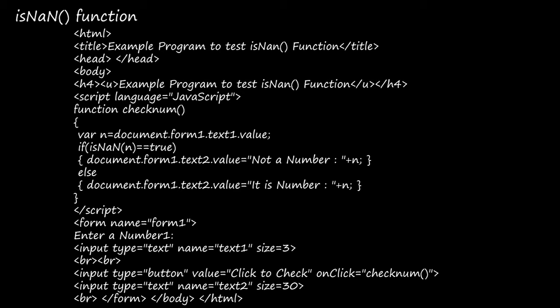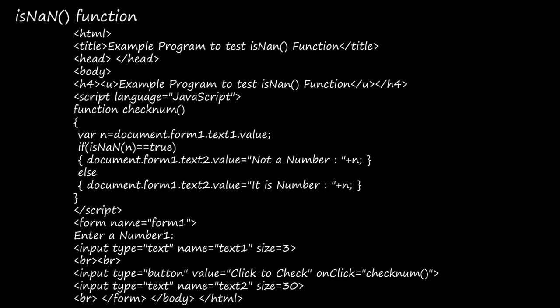So that also will be displayed, right? And in the else part, if you see, it is document.form1.text2.value it is number. So this it is number will be displayed in the output section along with the n value. Whatever value you are giving, it will also be displayed along with this.